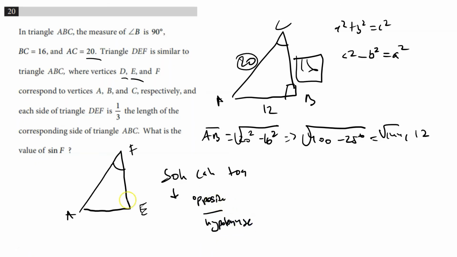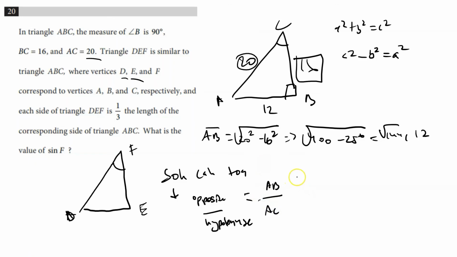We don't even need to know the lengths of the sides of DEF, because it's similar to triangle ABC, so the sine of C will equal the sine of F. Opposite over hypotenuse for triangle ABC: opposite to this angle is side length AB, and the hypotenuse is side length AC.